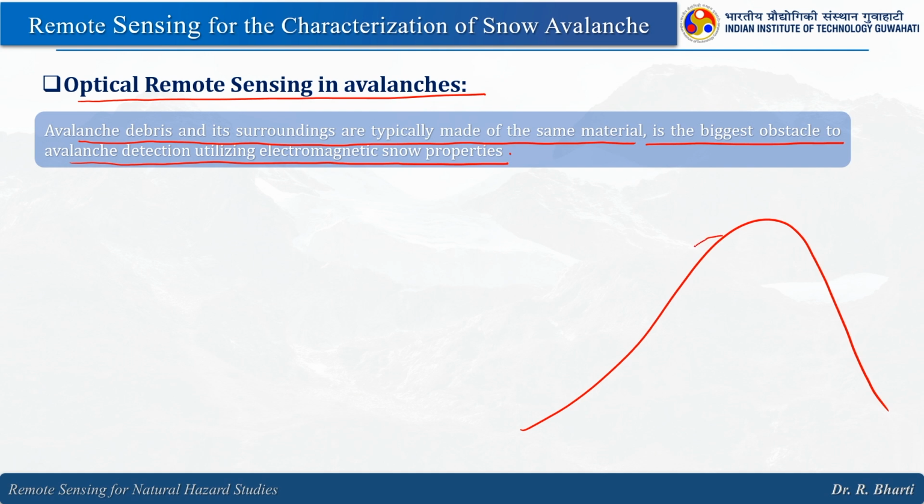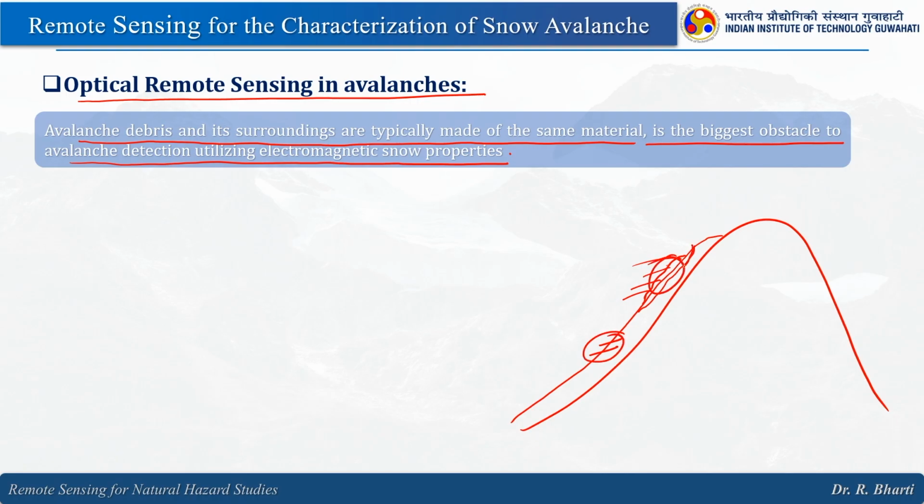Here you have the snow cover and one part of it is getting avalanched, right. Why it is happening, we have understood: it has many other parameters, the snow property and meteorological parameters that affect this process, but ultimately the property of this snow and this snow are the same.